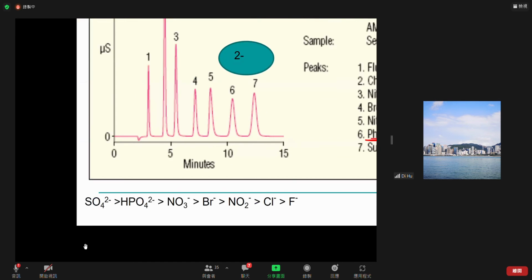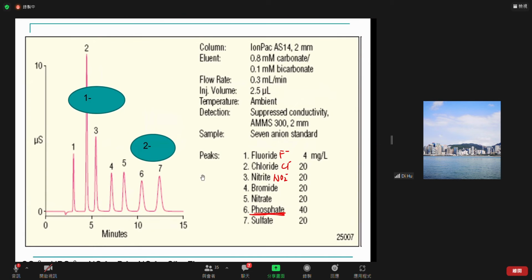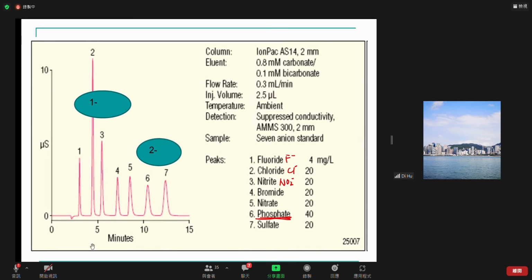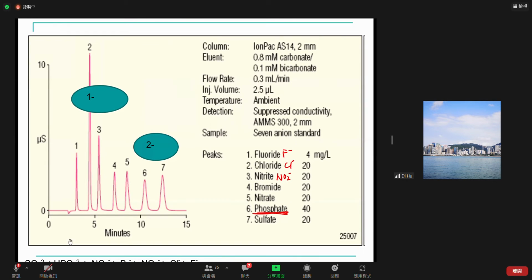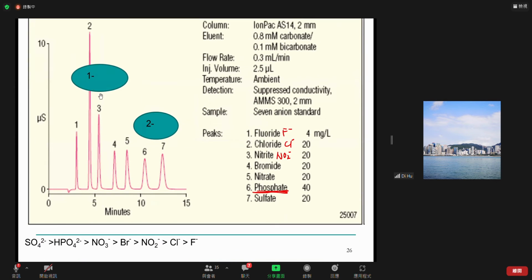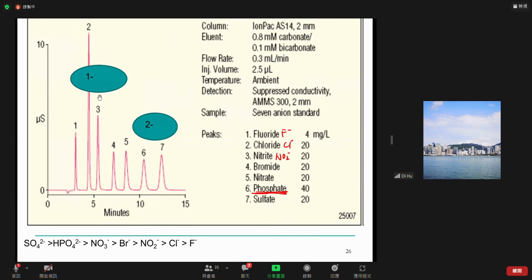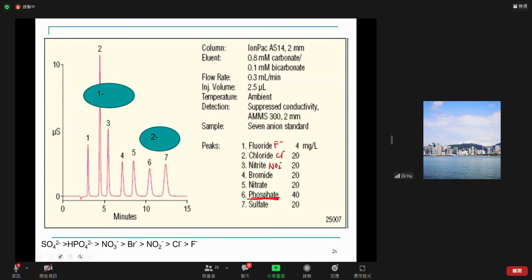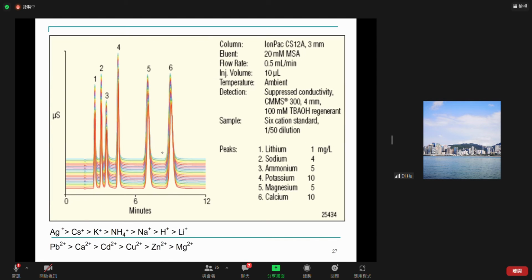This one, the number 6, is the hydrogen phosphate, 2 minus. You can see now the column.